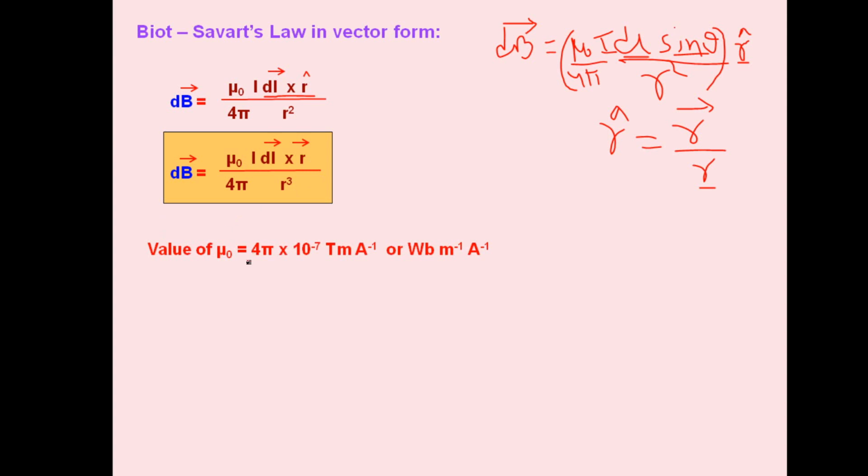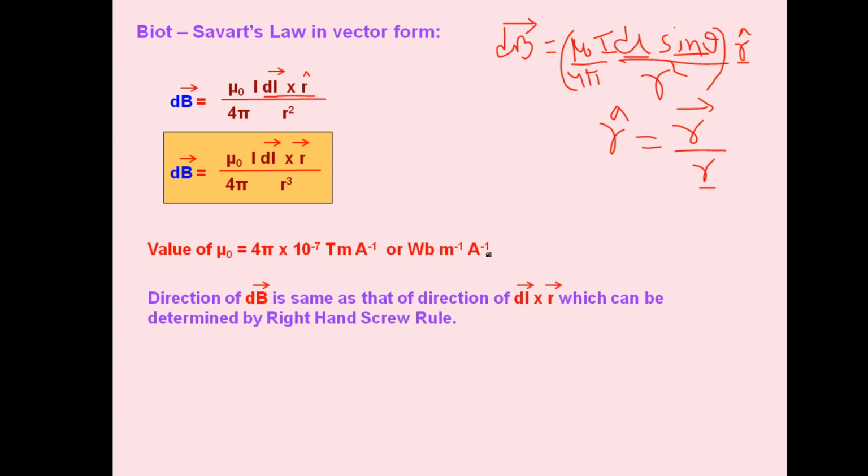Value of mu naught we have already discussed, 4 pi into 10 to the power minus 7 Tesla ampere inverse meter, or Weber per meter per ampere also we can write. Direction of magnetic field is same as that of the direction of dl vector cross r vector, and dl vector cross r vector can easily be determined with the help of right hand screw rule, or right handed cork screw rule we can use.